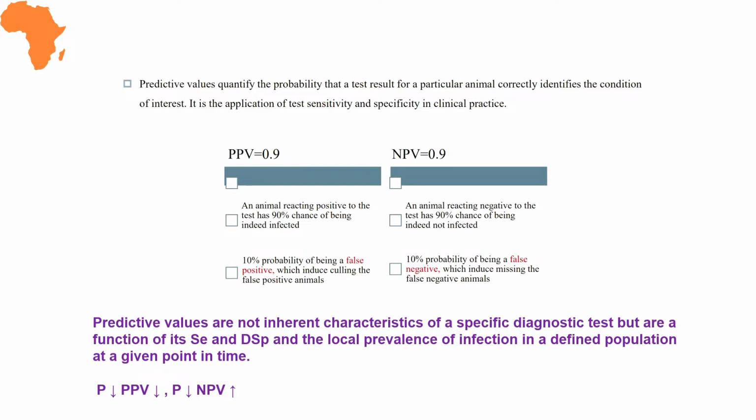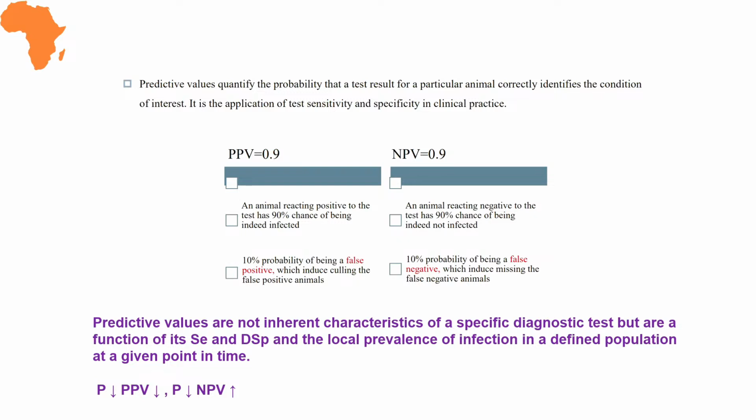An animal reacting positive to a test has a 90% chance of being infected when the PPV is 0.9. When NPV is 0.9, an animal reacting negative has a 90% chance of not being infected. The converse means a 10% probability of a false positive in PPV, and 10% of a false negative in NPV.